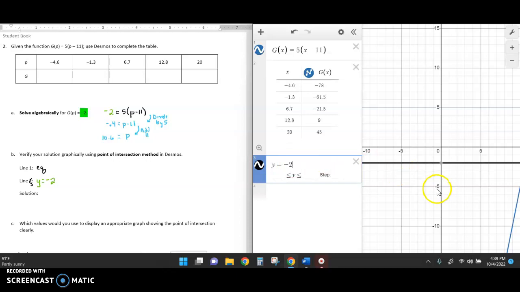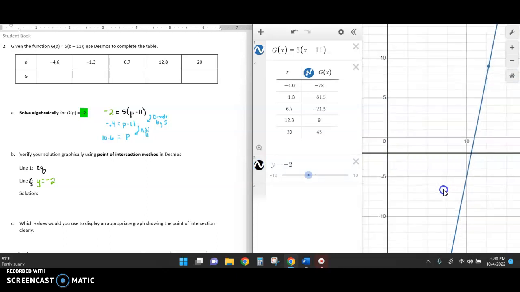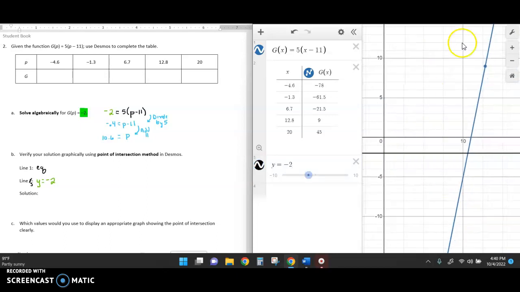I can barely see, so here's my y equals -2 line. I barely see my graph over here, so I can go ahead and move my graph over, and I can click on where that intersects, and sure enough, I'm going to get the same input value that I found algebraically.